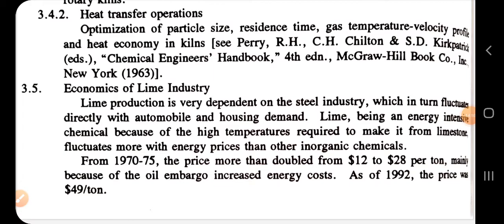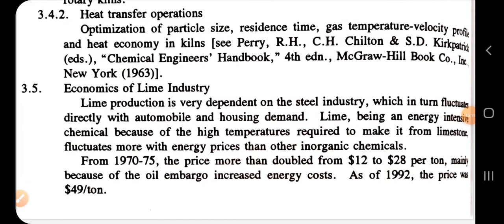So in the international oil market, because of the increase in oil prices, the price of lime also more than doubled, from $12 per ton to $28 per ton. As of 1992, the price was $49 per ton. These are old data, and now it is even more.